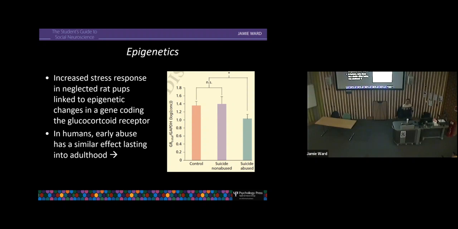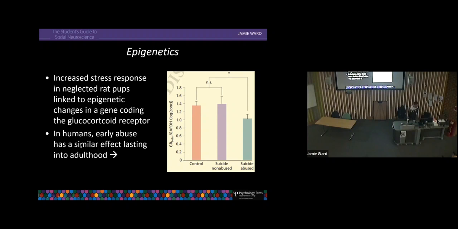You can also foster the pups. So if you've got a pup with a neglecting mother and you give the pup to a caring mother, you will show that it is the environment that matters here. It's to do with the mother's parenting rather than the infant's genome. But the infant's genome is the one that bears the burden of this.